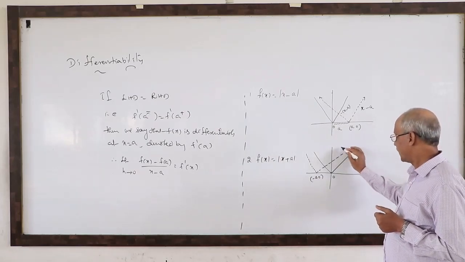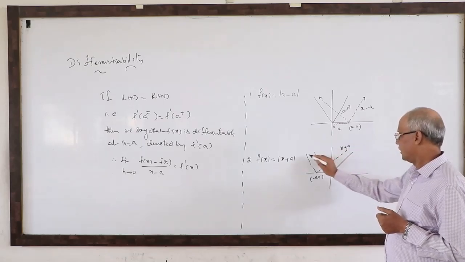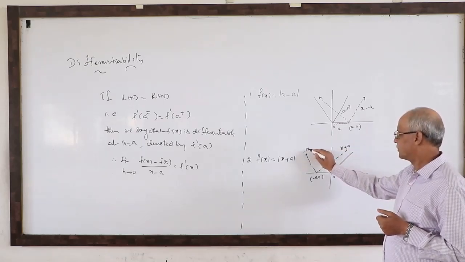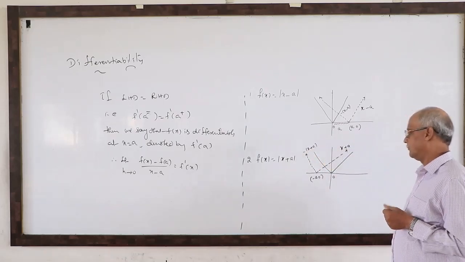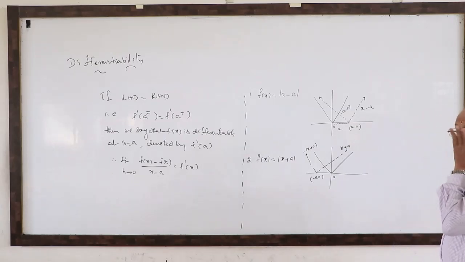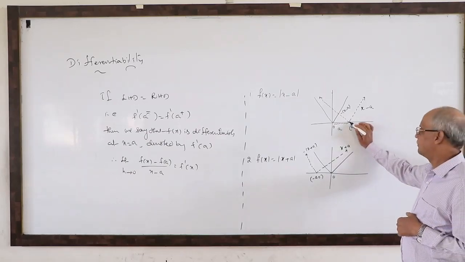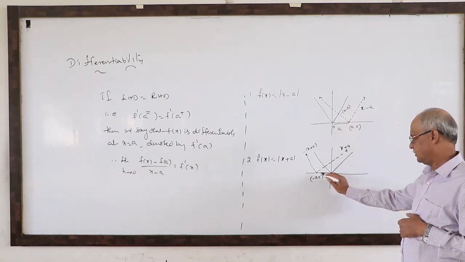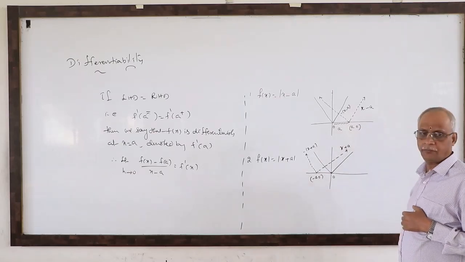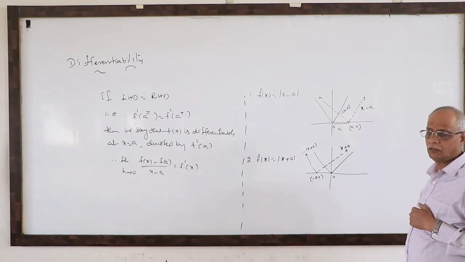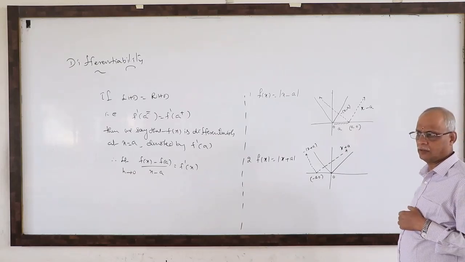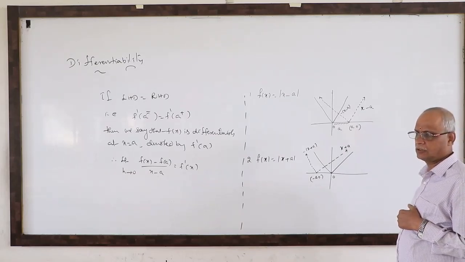This is called x plus a and this is minus of x plus a, when x plus a is negative. This is about the mod function graph. Here it has a sharp edge. A sharp edge represents not differentiable.